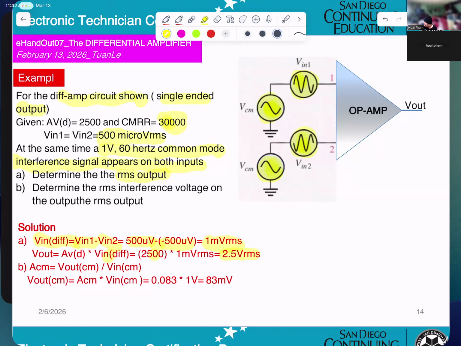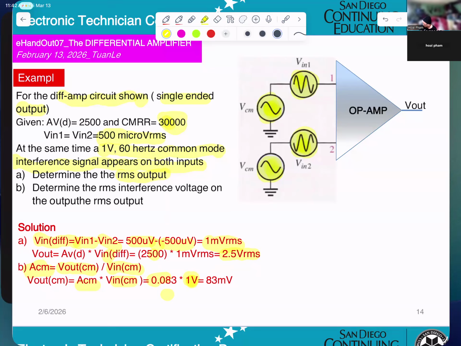Next one: ACM equals V out CM divided by V in CM, so V out CM equals ACM times V in CM, which is 0.083 times 1 volt.